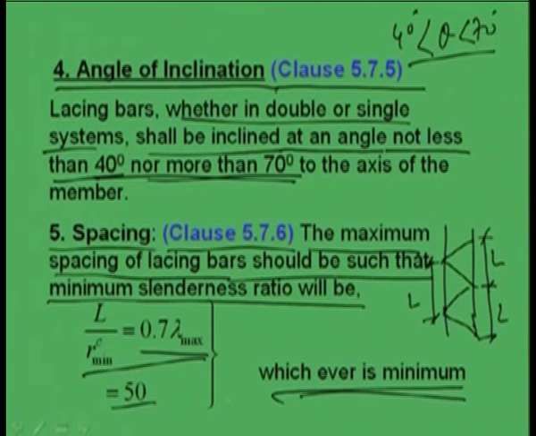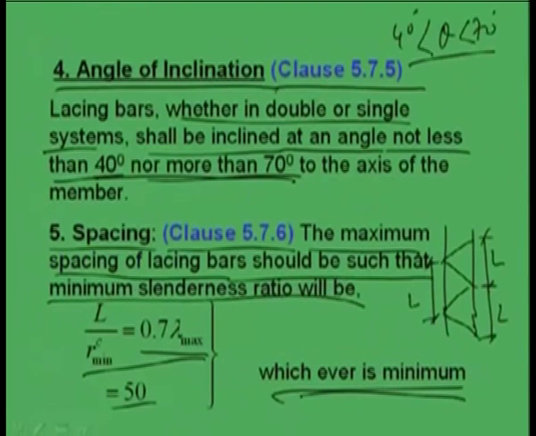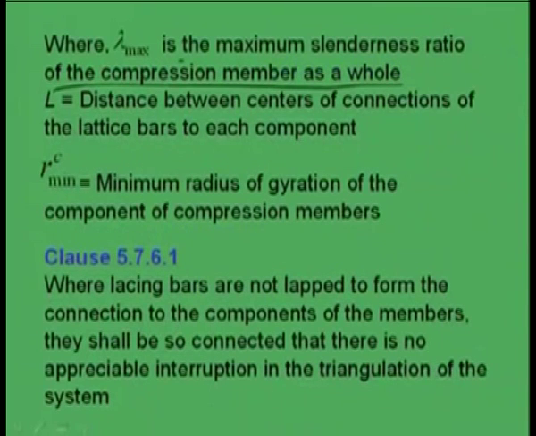So, this also has to be maintained, where lambda max is the maximum slenderness ratio of the compression member as a whole, and L is the distance between centers of connections of the lattice bars to each component.